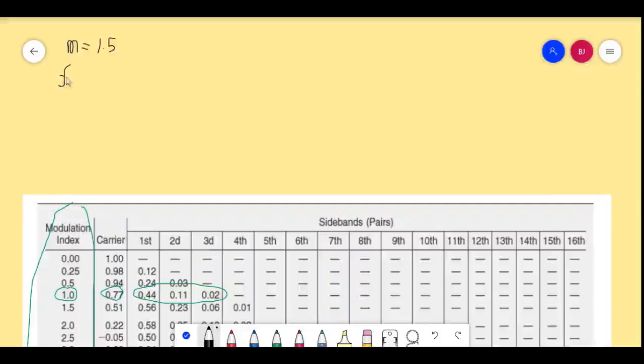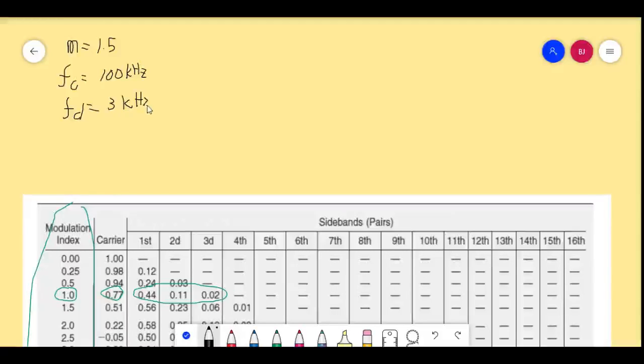Let's say we have a carrier frequency of 100 kilohertz and a frequency deviation, or maximum frequency deviation, of 3 kilohertz.